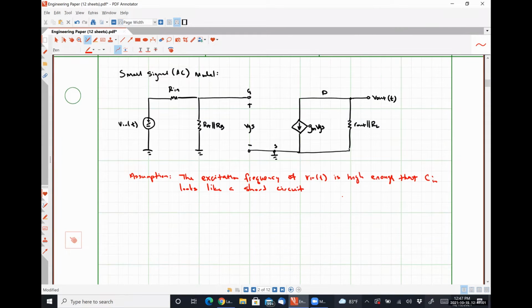So we know that the impedance of a capacitor is simply 1 over j omega C from back in Circuits 1.